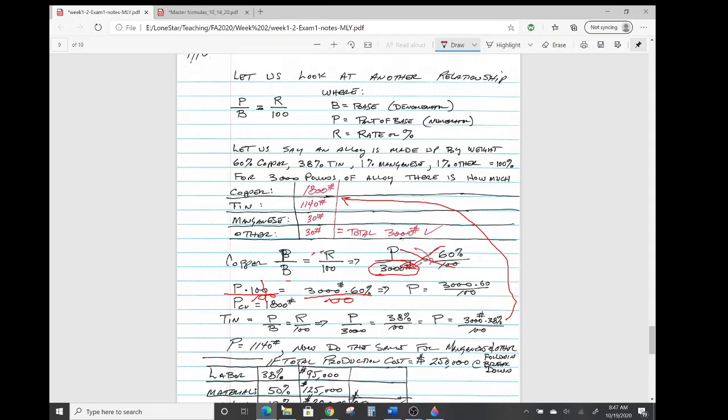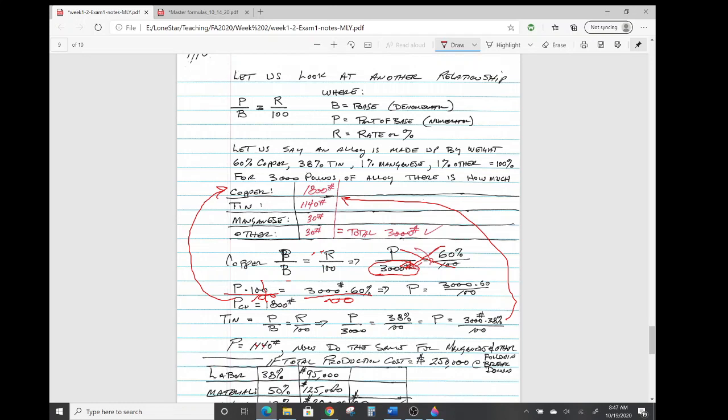The copper, we took the 1,800, put it up here in this chart. Yeah. You do the same for manganese, you do the same for other, and you should end up with 30 pounds of manganese and 30 pounds of other. And that should all equal 3,000 pounds, and you add all that up and you check it. All right. So you're going to do the same for manganese, and the same for tin. Or same for other.